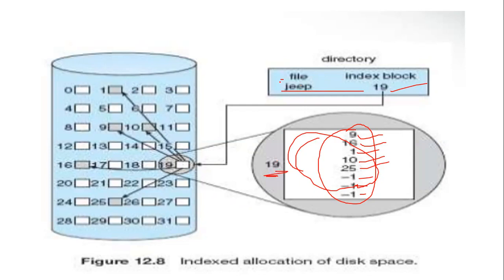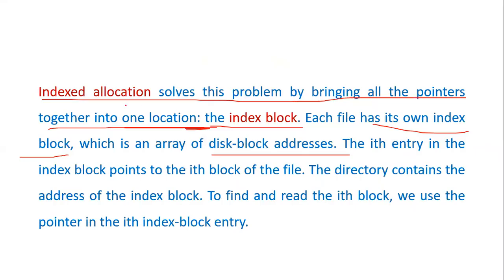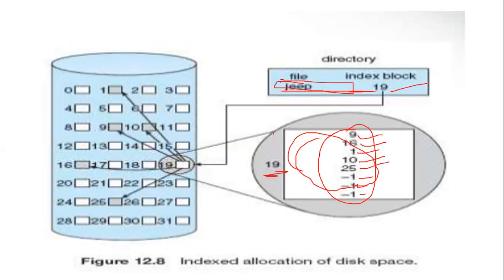So initially, if we have a file, it goes to 19. 19 is the index block. The index block contains all the pointers together in one location, where the files are allocated. So if it went to 19, where are the files allocated? The first one is 9. It goes to 9 for one block. The next one is 16.